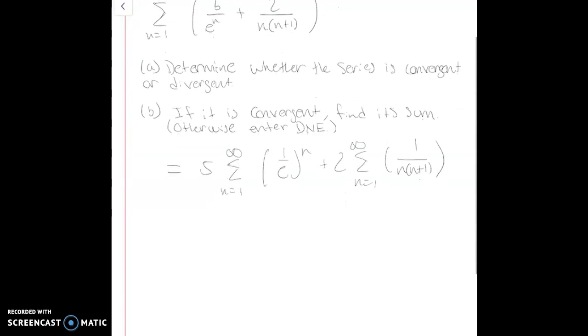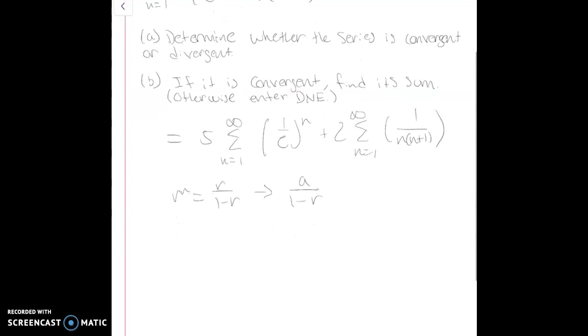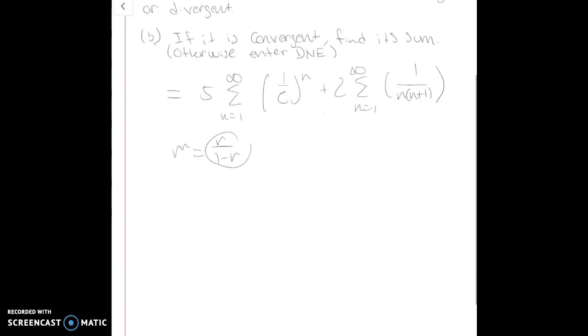So we would use the following formula, which looks something similar to what we did Friday. It was just a little different, where it was just a over 1 minus r. Okay, we would use this formula right here.